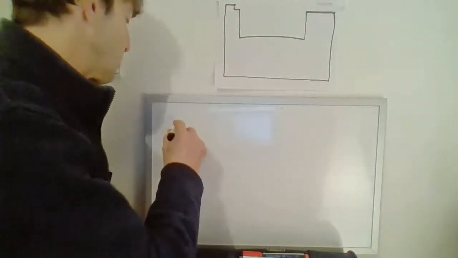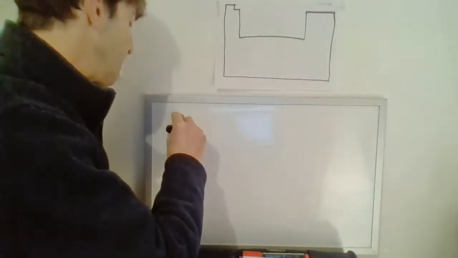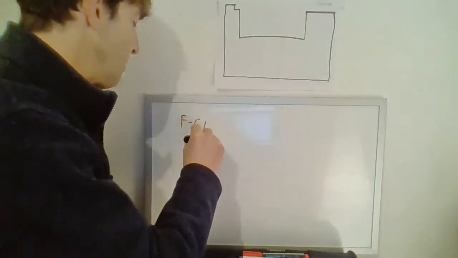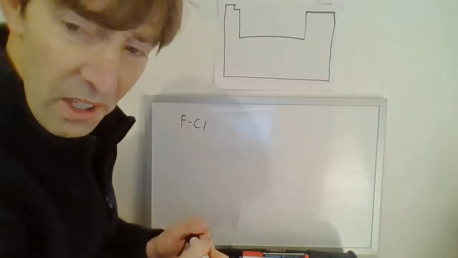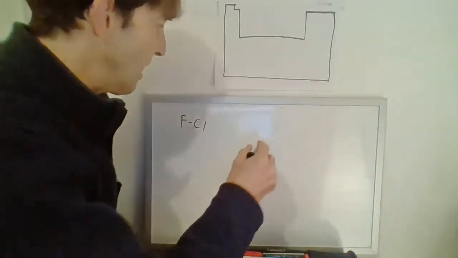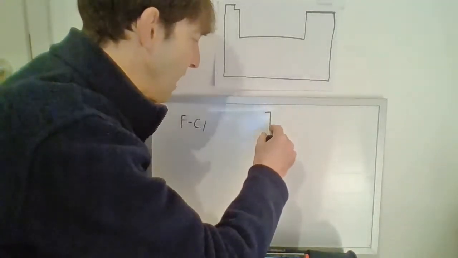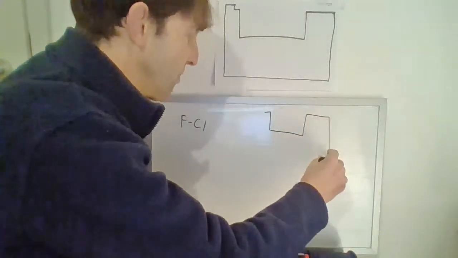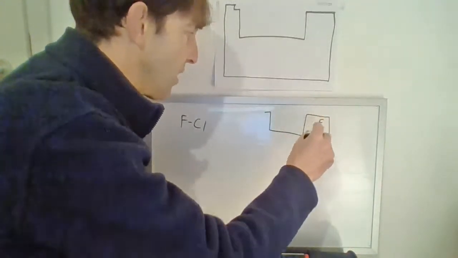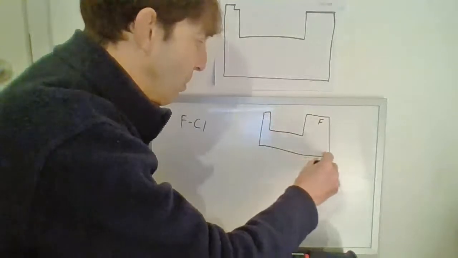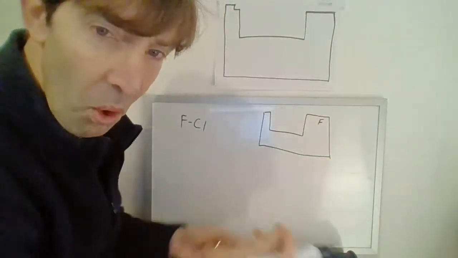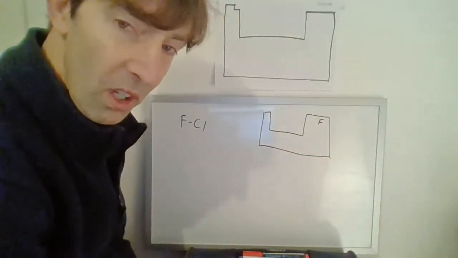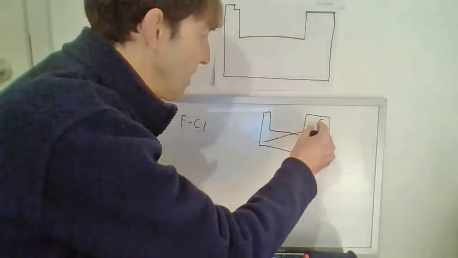We had, for example, F and Cl. And we said the story is on the periodic table that the closer on the periodic table to F, the more atoms like to pull the electrons towards them. We call it electronegativity.